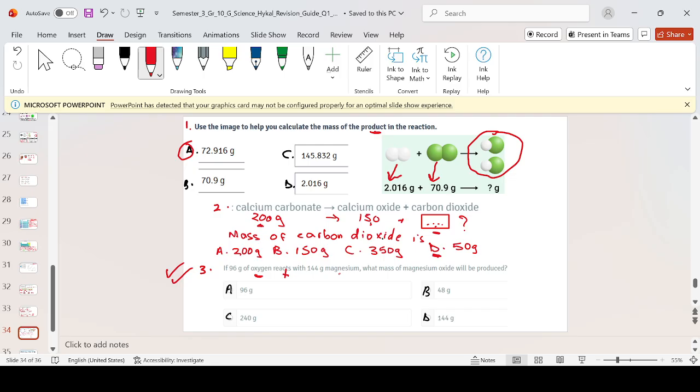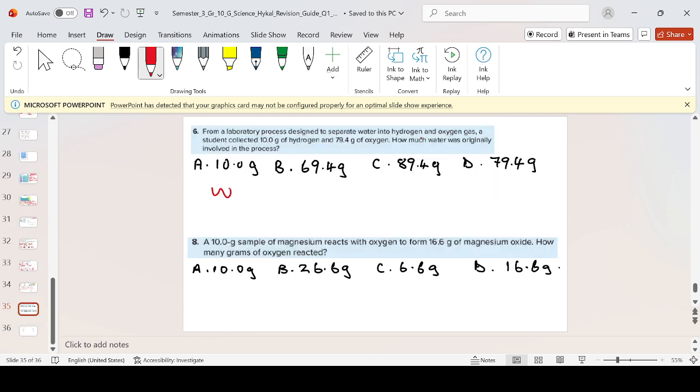So in the process, when you put your water, this is when you got 10.0 grams of hydrogen and how much? 79.4 grams of oxygen. At the end, what is this mass? Simple. 10 plus 79, I'm getting 89.4. So the water collected must also balance the same mass, 89.4 grams, which is C.